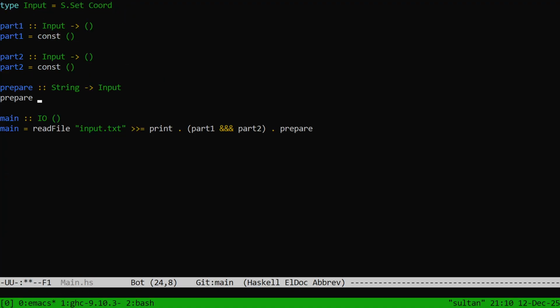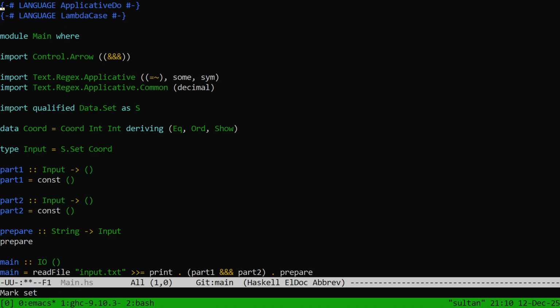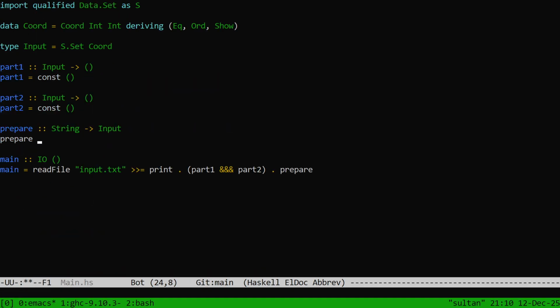Throw all of this away, please. I did an import guard, okay. Oops. I'm gonna have to import that though.